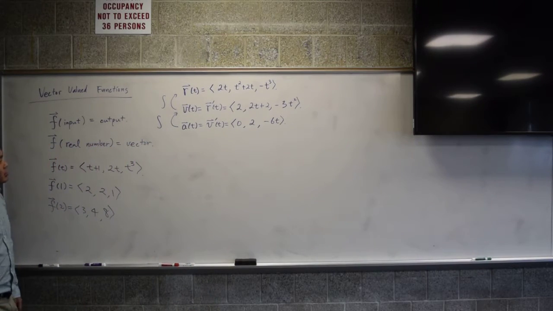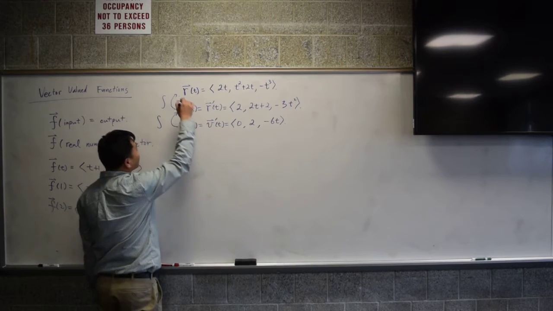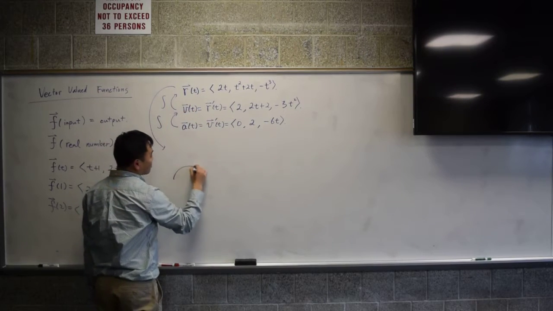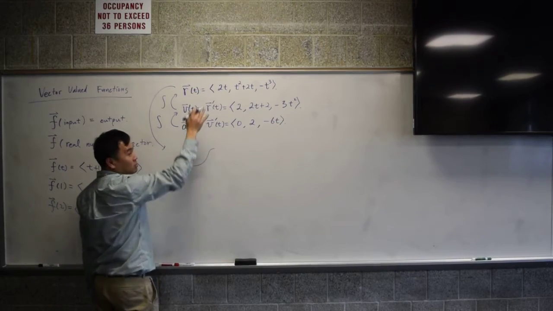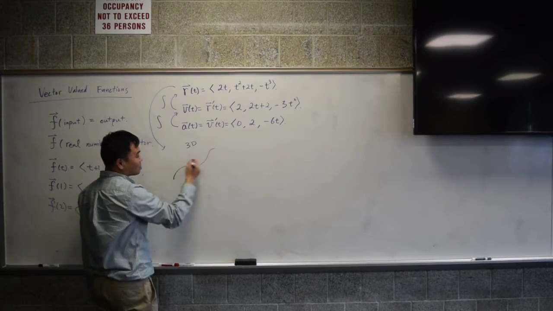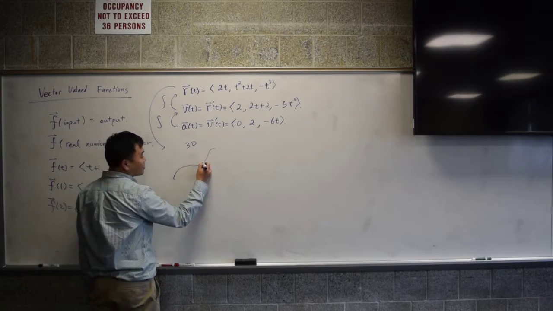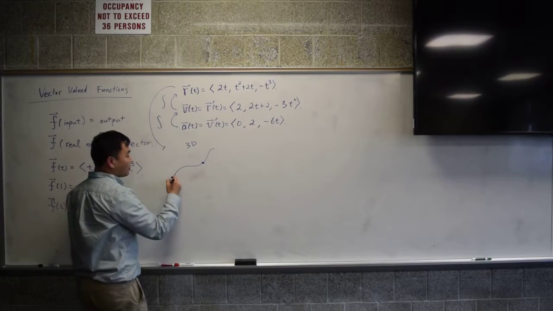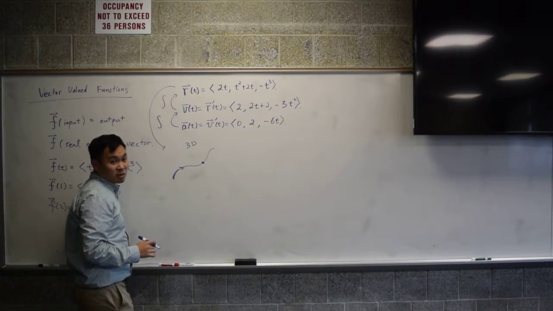Now the velocity itself has an additional meaning. If you think about it, imagine a trajectory in 3D. I don't even know what the shape of this thing looks like, but let's just say it's some kind of curve. At a point, if it's moving this way, where would the velocity point?